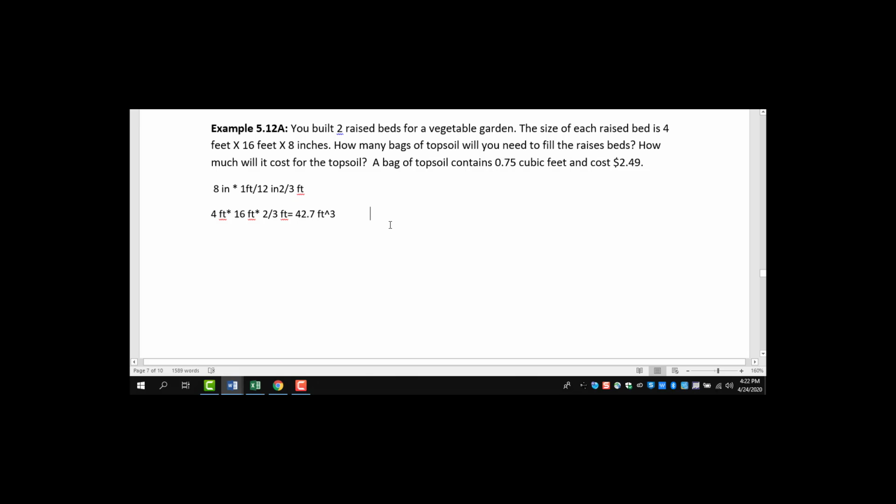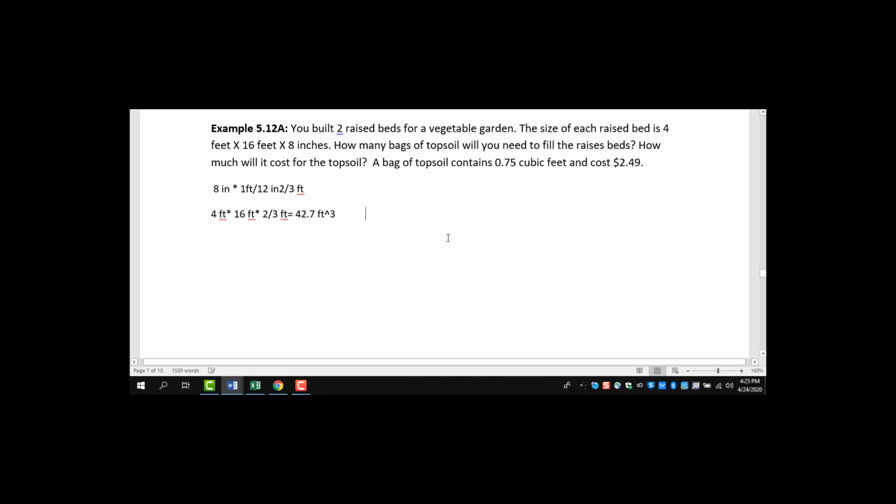So how many bags do I need? What are you going to do? Well, you're not going to multiply, because then you're going to wind up with cubic feet times cubic feet, which would be feet to the 6th power. So watch how I'm going to do this. Hopefully you can see now.